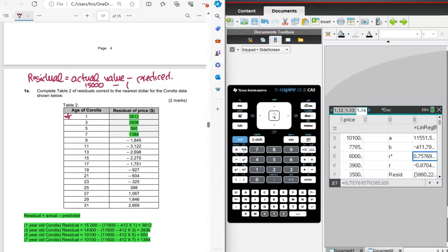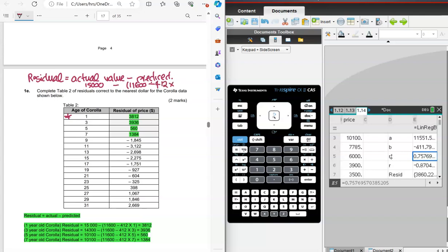So we're going to say it wasn't that. It was 11600. What was the B value? Minus 412 times.